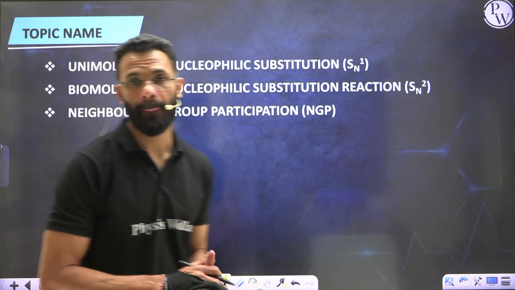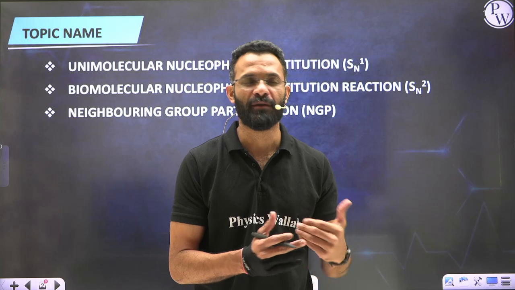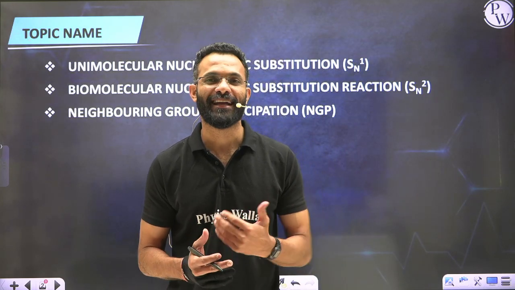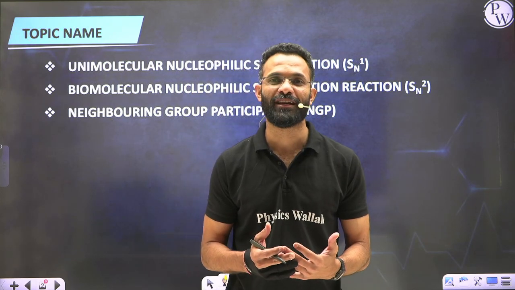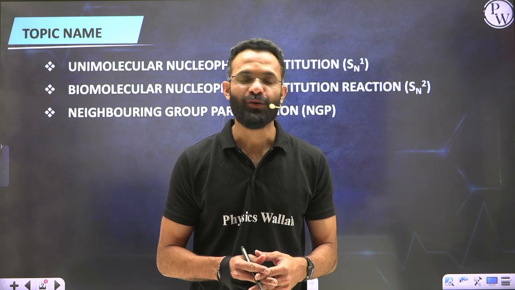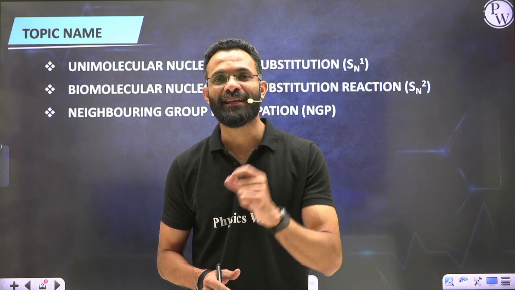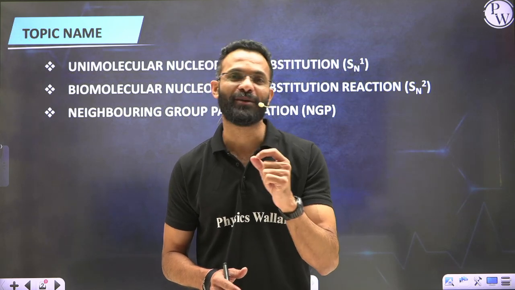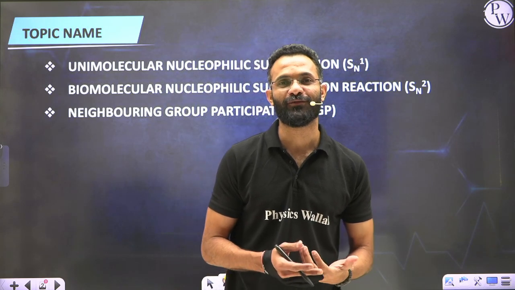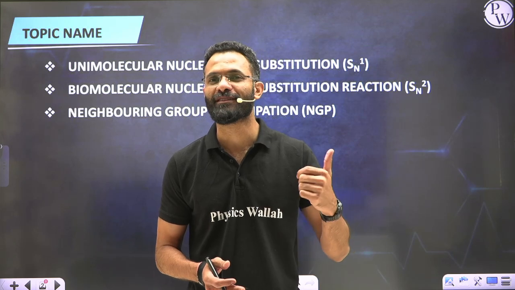So everyone, if you connect to our previous class, what we said is alkyl halides show their characteristic reactions called nucleophilic substitution and elimination reactions, right? But nucleophilic substitution is a bigger term. Depending upon the nature of the substrate, the nature of the nucleophile, and what solvent we are using for that reaction, nucleophilic substitution can be of further types.